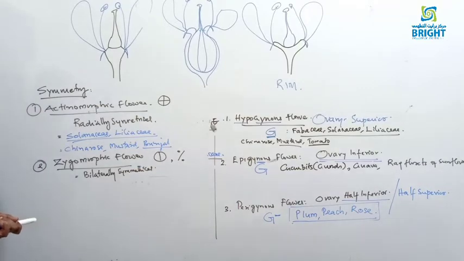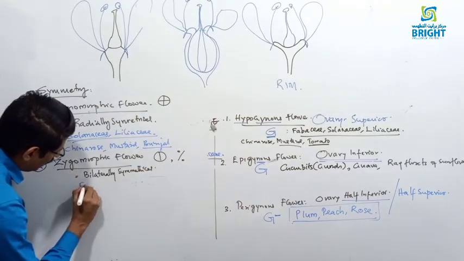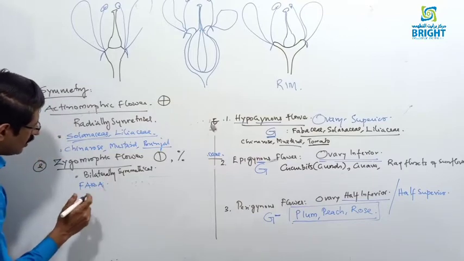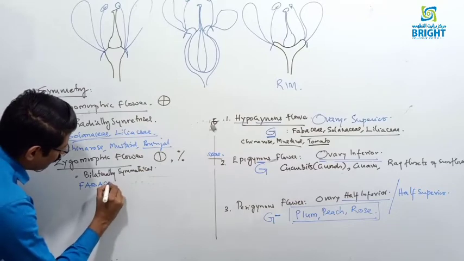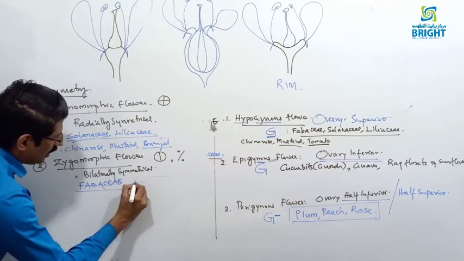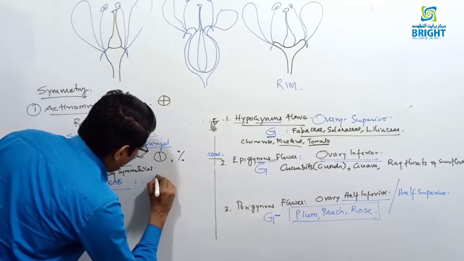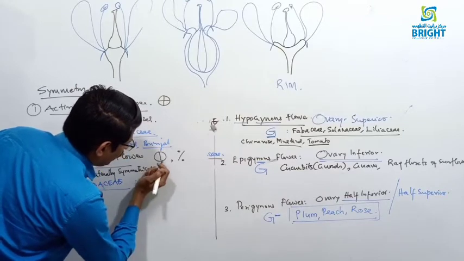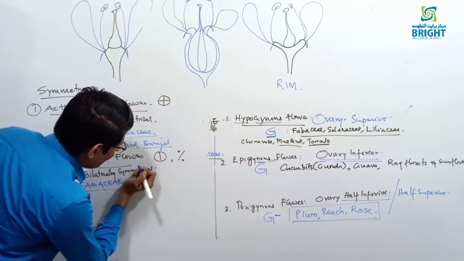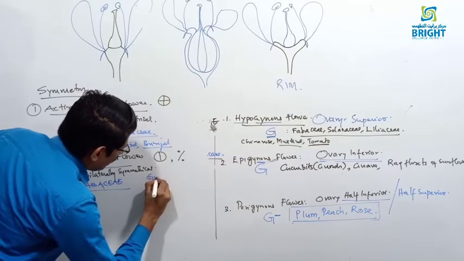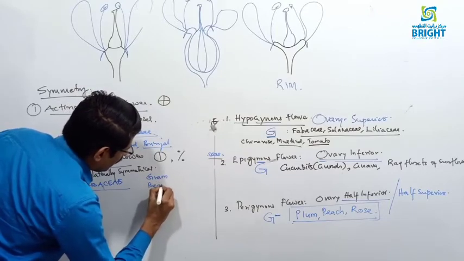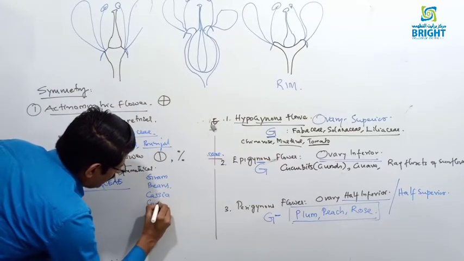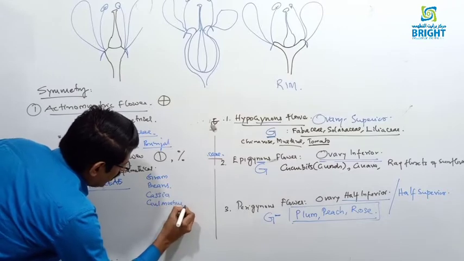And of the families we are studying, only one family has the zygomorphic flower, that is Fabaceae. And the examples as per NCERT are gram, beans, cassia and gulmohar.